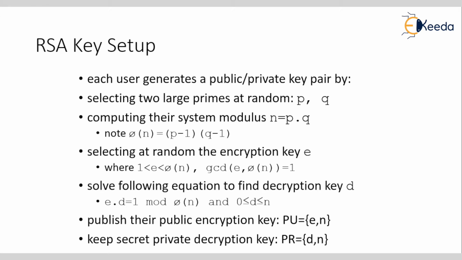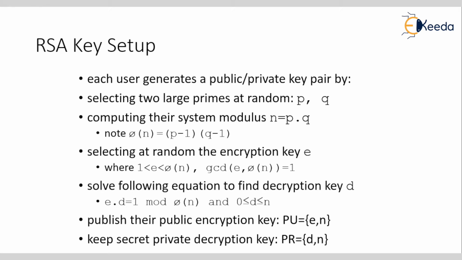Selecting any random encryption key E, we should consider one condition: 1 is less than E, which should be less than the value of phi of N computed from the above step, and the GCD of E and phi of N should be equal to 1.